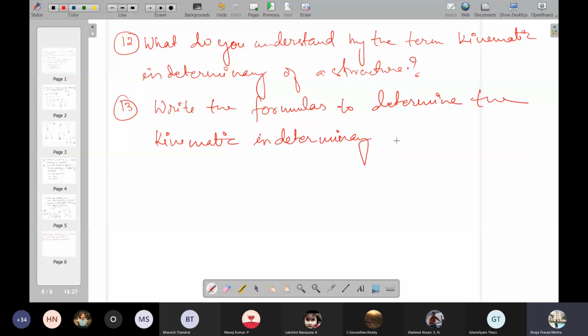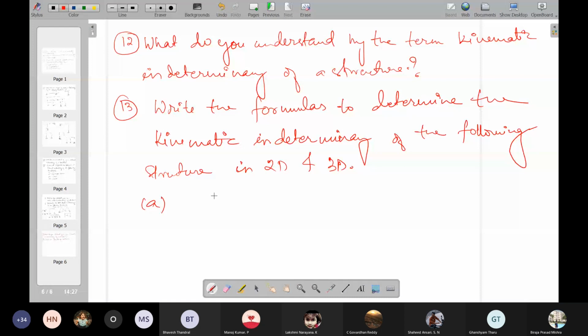So the first one is a pin jointed frame, B, a rigid jointed frame. Okay. Next question.